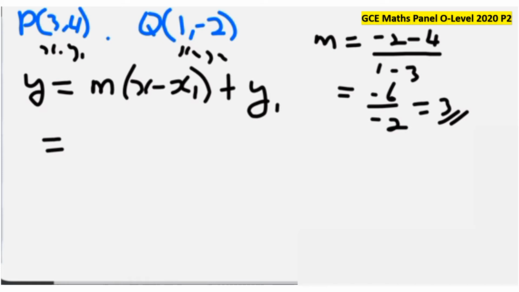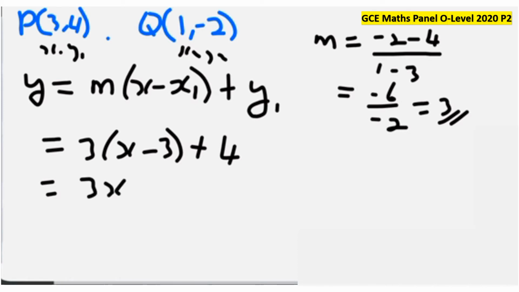So my equation can now be written as 3 times x minus 3, taking P as my x1, y1, plus 4. That's the equation of the line, but you can further expand and simplify. 3 times x gives 3x, 3 times minus 3 is minus 9, then plus 4. The final answer is 3x minus 5.